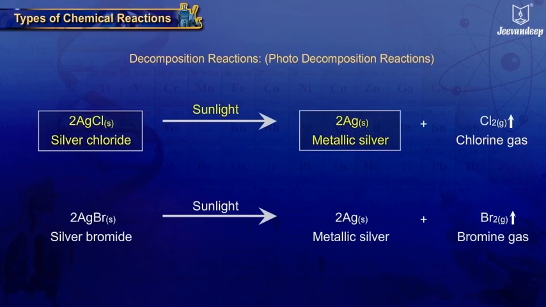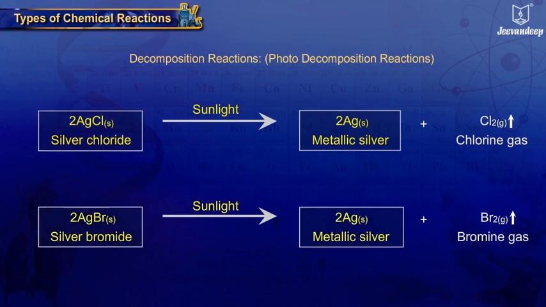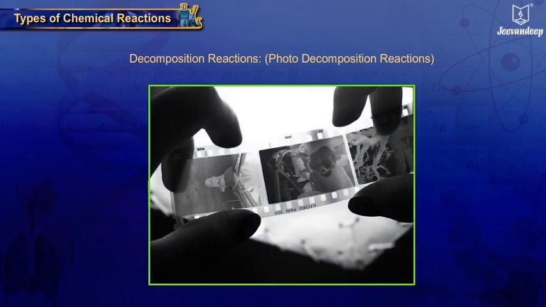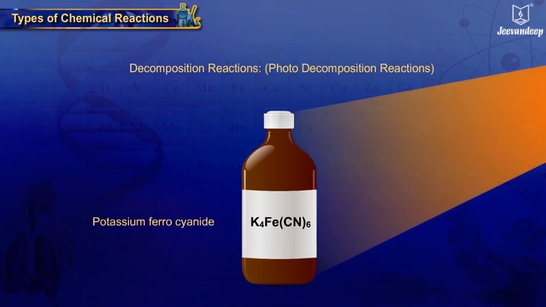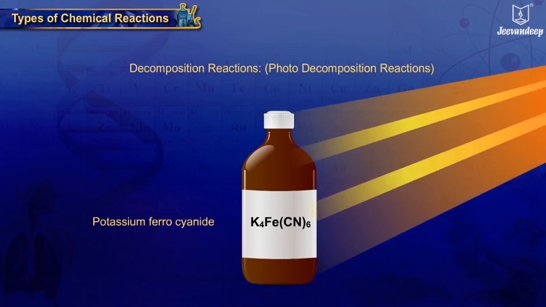This property of silver chloride and silver bromide is used in black and white photography during the process of developing. Potassium ferrocyanide, that is K4Fe(CN)6, also undergoes decomposition in presence of sunlight. Hence, it is stored in dark-colored bottles.